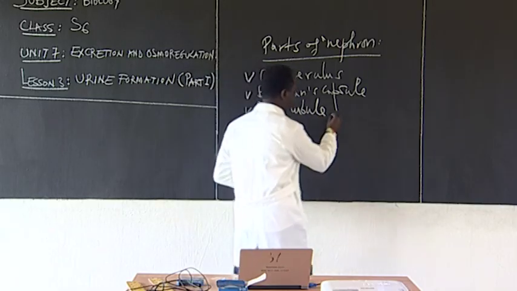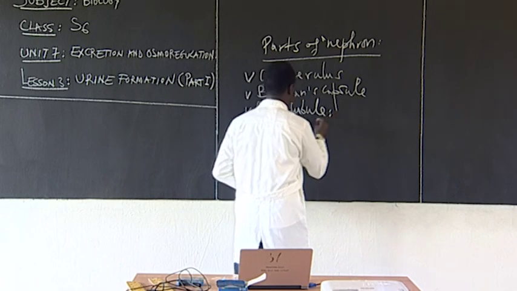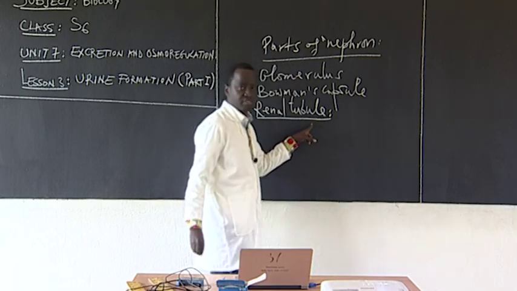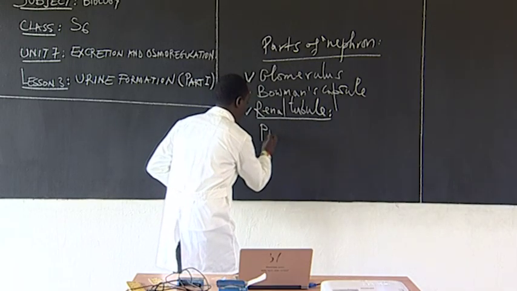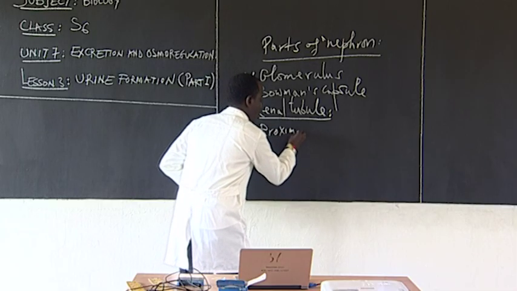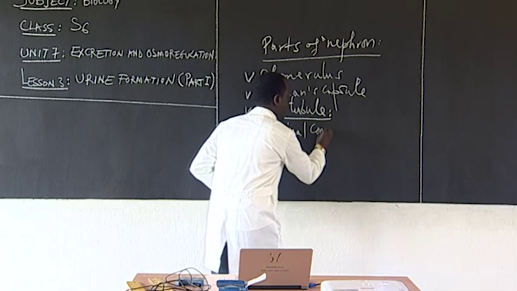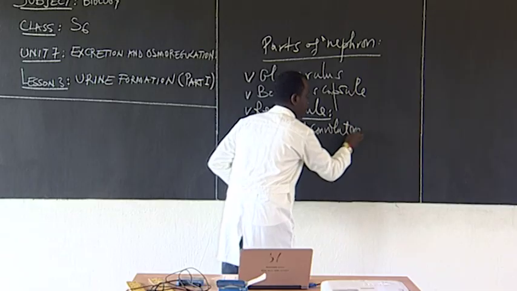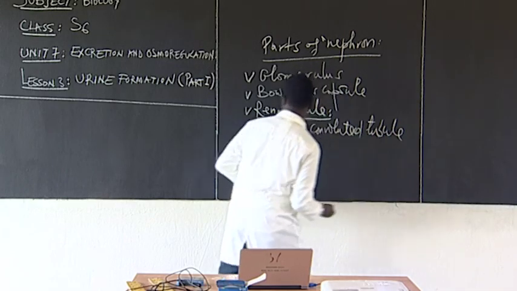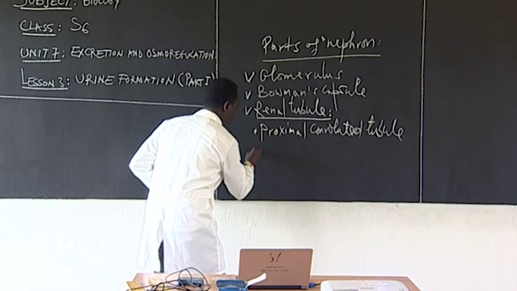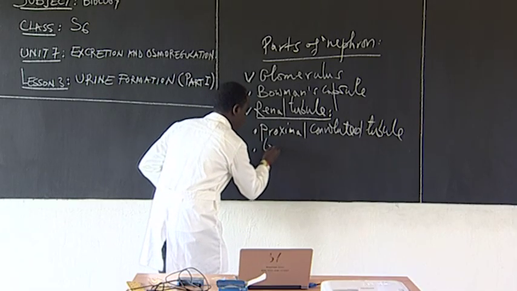When we talk about this renal tubule, it has also parts. Renal tubule has what we call proximal convoluted tubule. It has also what you call loop of Henry.